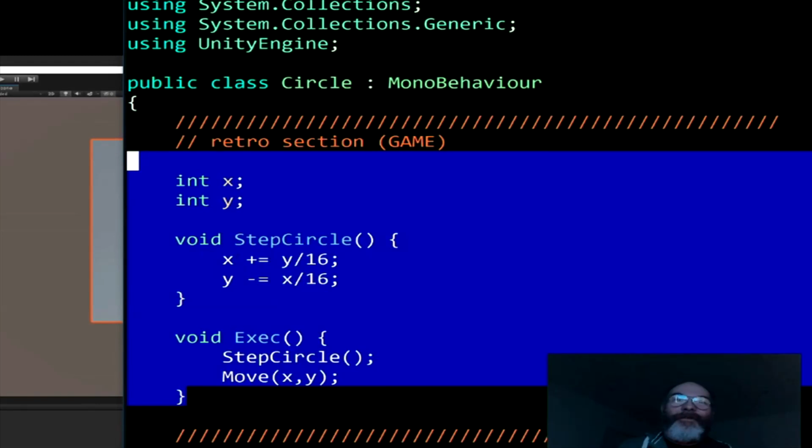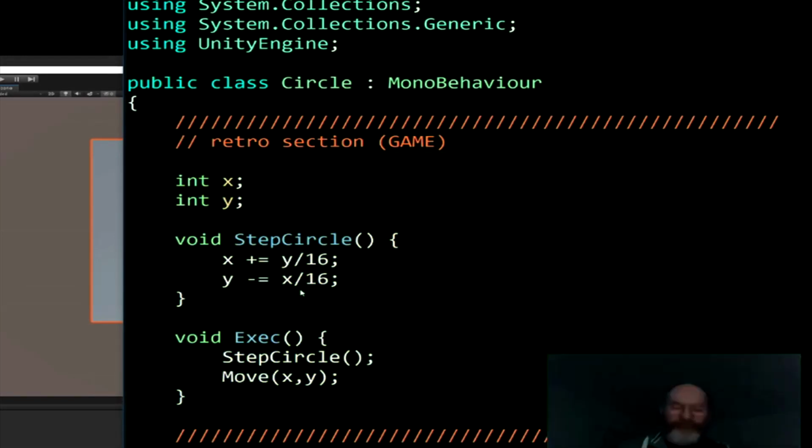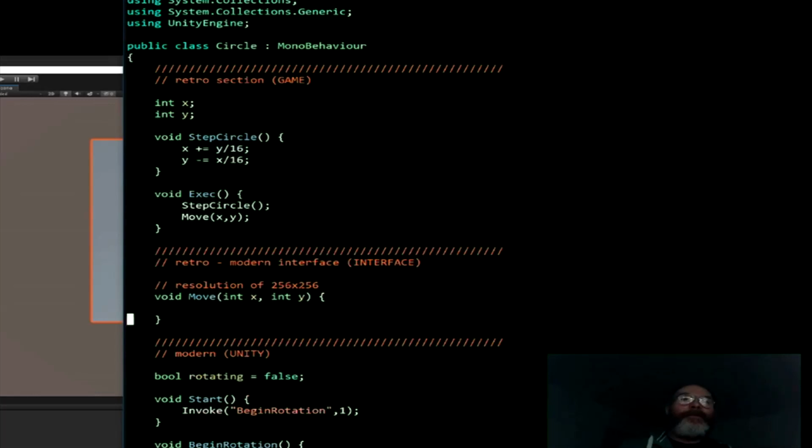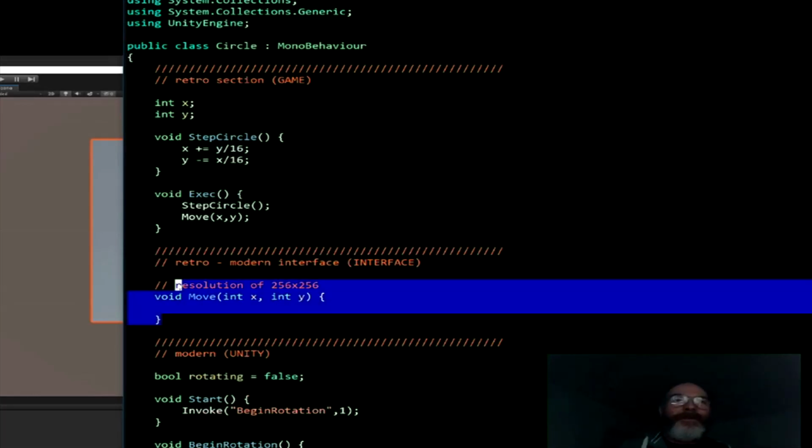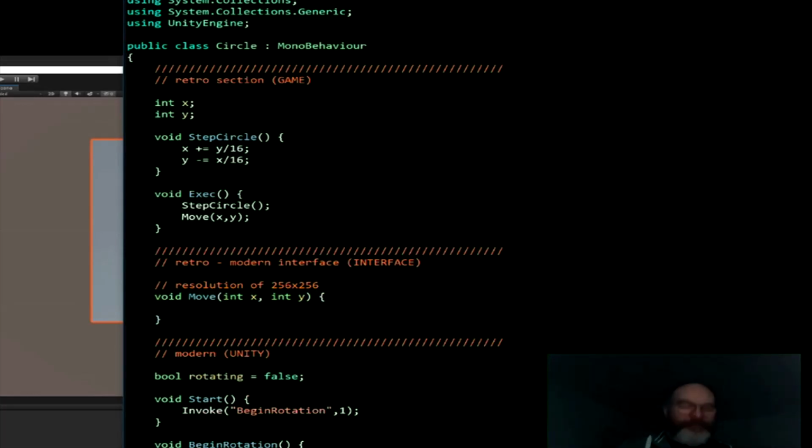This bit here, just this bit here, that is actually my real code. It's very, very simple, as you can see. The rest of it is the interface and then Unity's stuff.